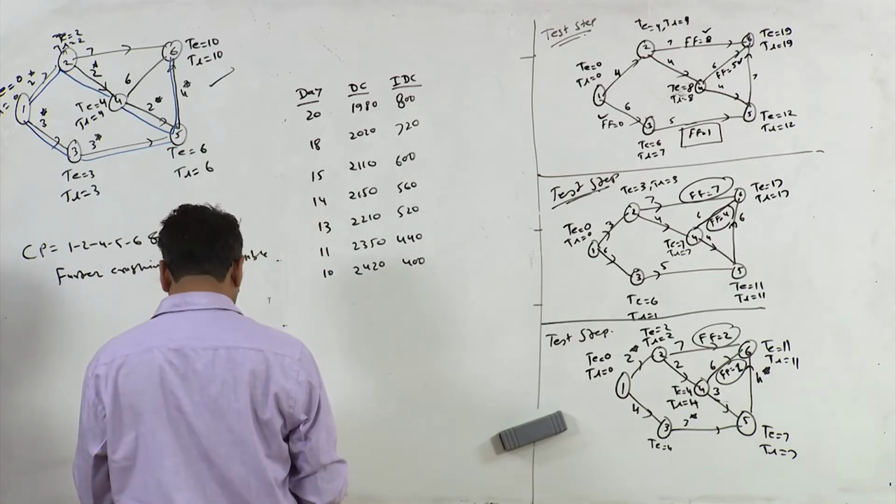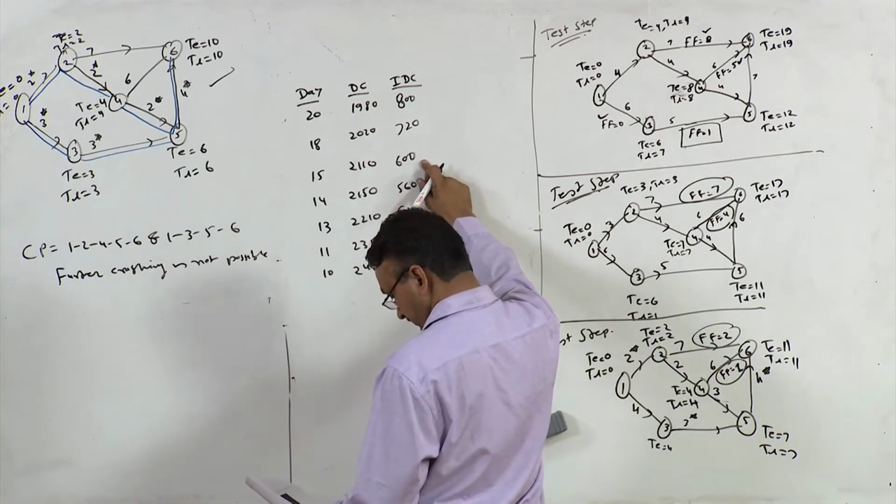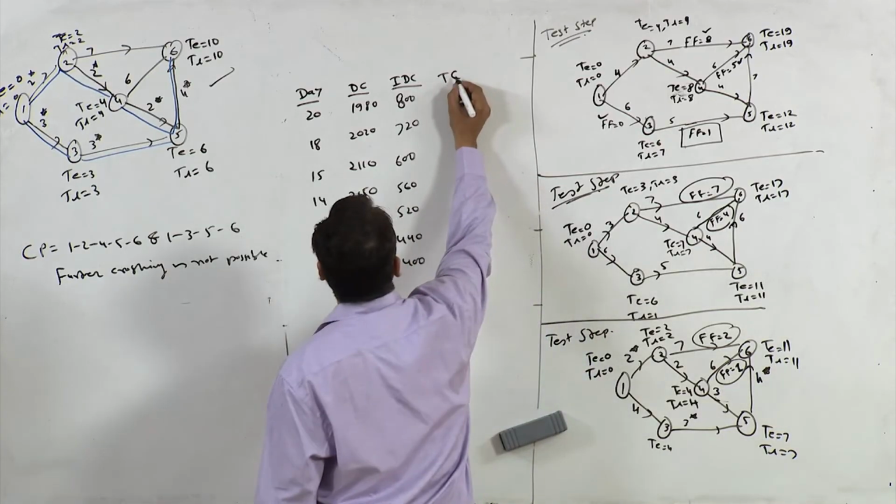Just check this once again. So 800, 720, 600, 560, 520, 440 and the total cost is this.